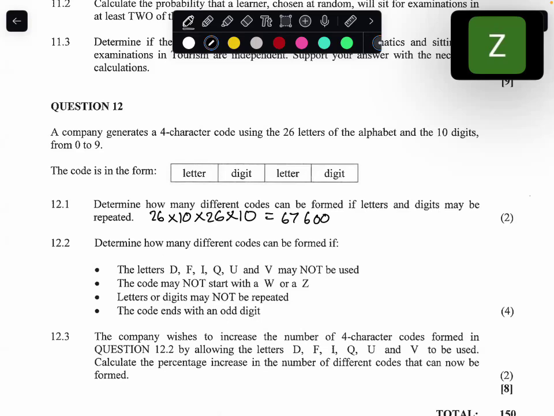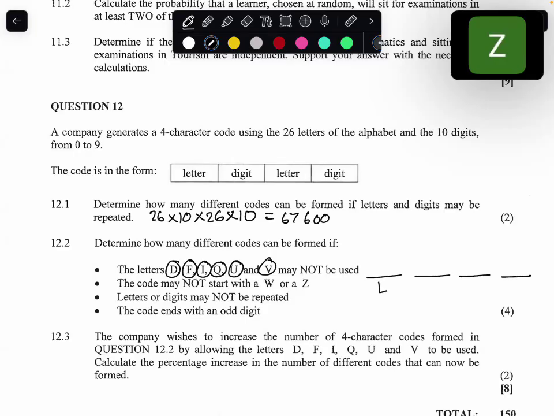So let's just see how many letters may not be used. 1, 2, 3, 4, 5, 6. 6 letters may not be used. Code may not start with a W or a Z. All right. Letters or digits may not be repeated. Got it? And the code ends with an odd digit. Okay. So we have our code.